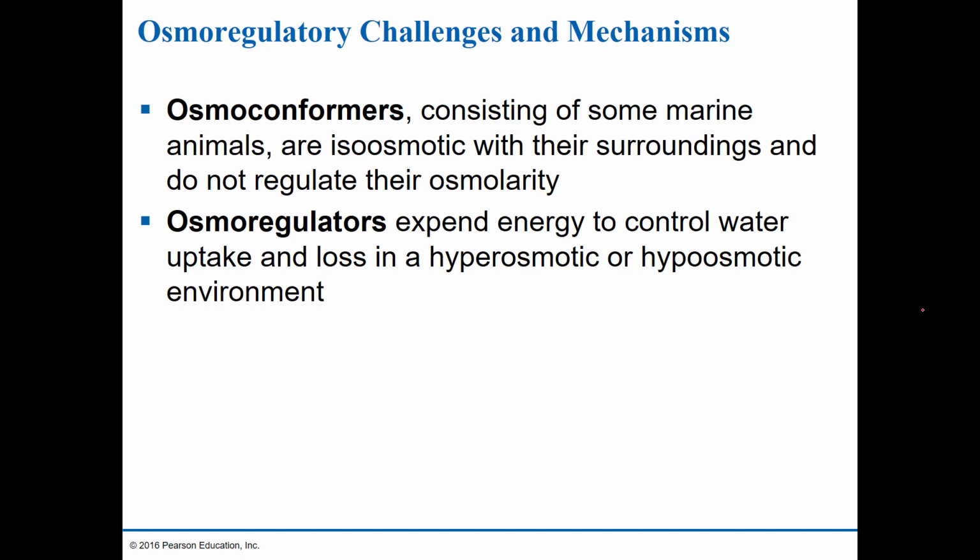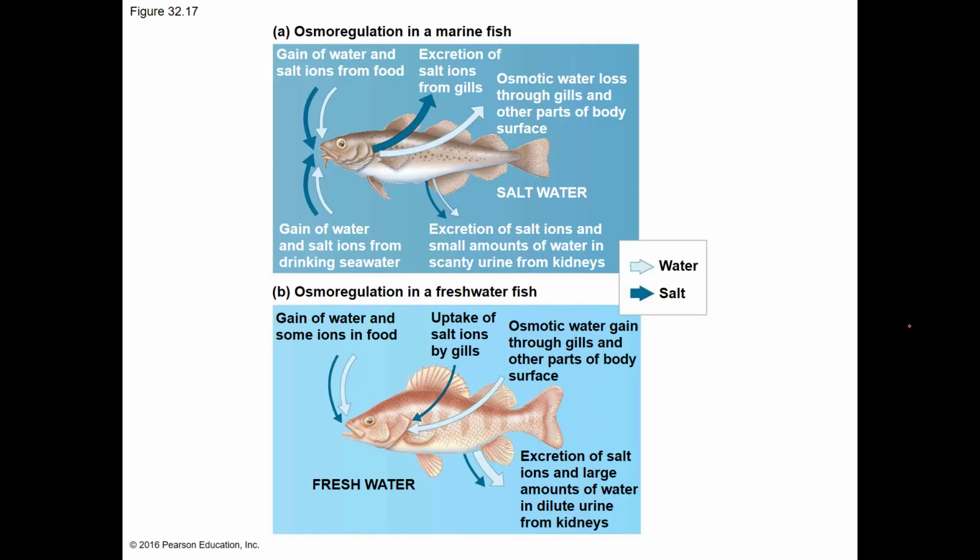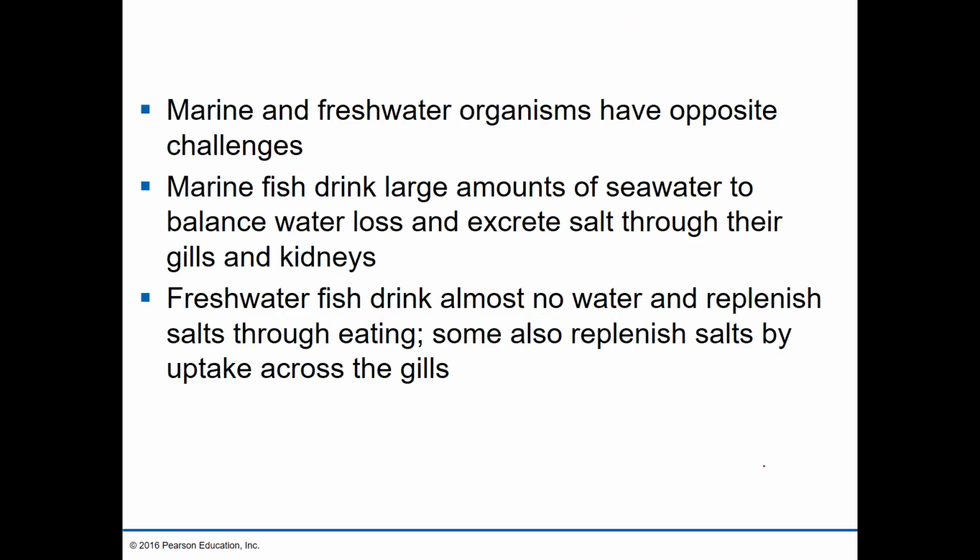Osmoregulators expend energy to control water uptake and loss in a hyperosmotic or hypoosmotic environment. Like marine fish and freshwater organisms, obviously their challenges are going to be opposite of one another.